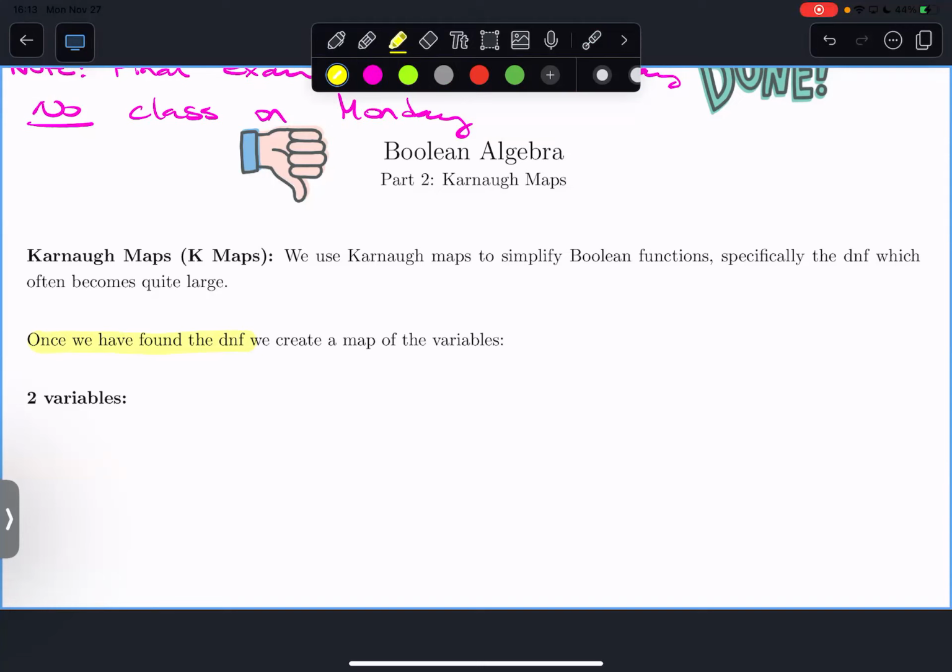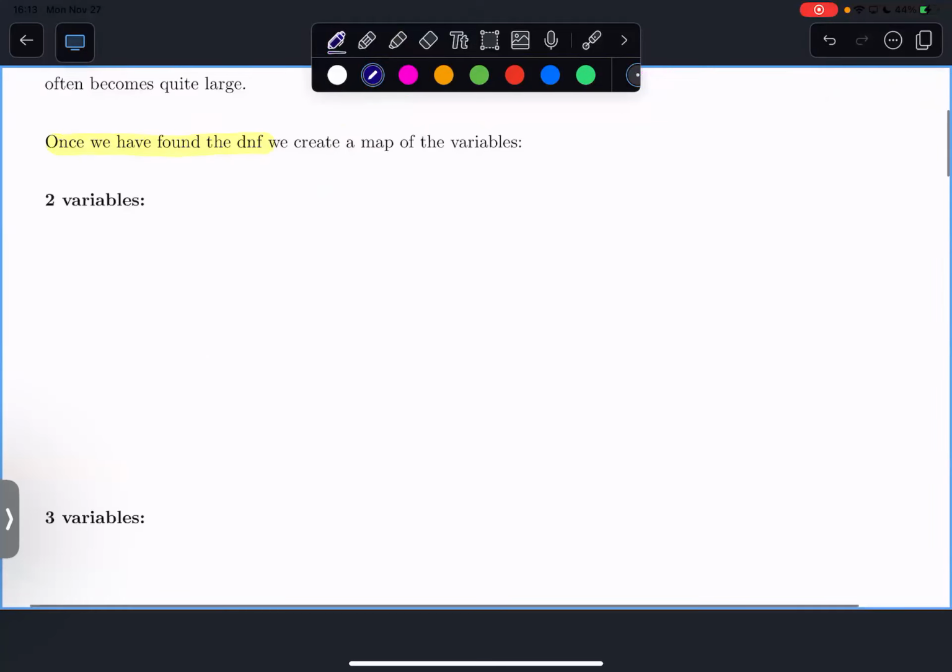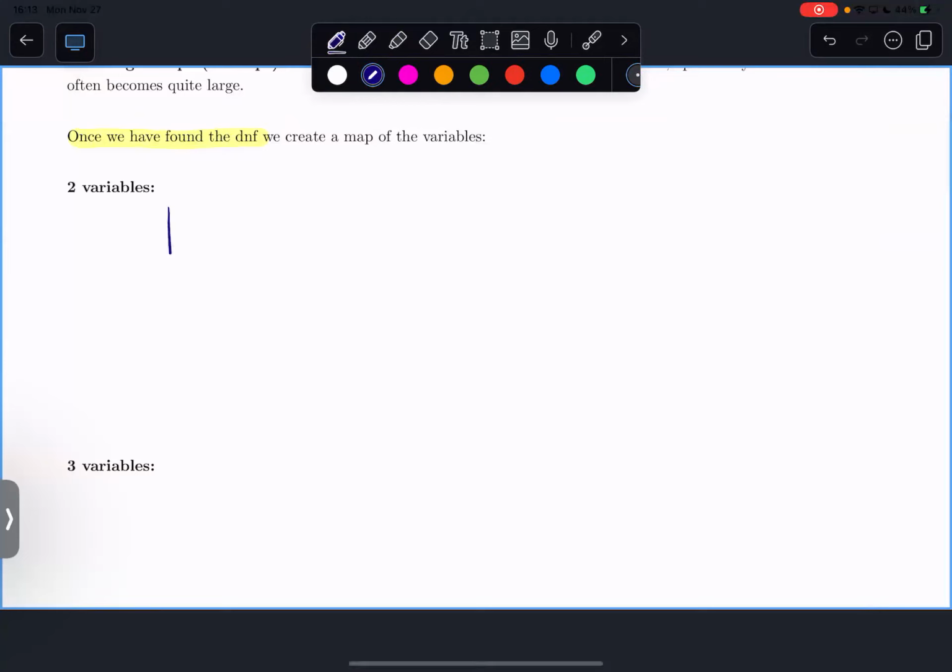If we only have two variables, let's say X and Y, then it would look something like this. On the vertical axis, I'm going to have my X values. The possible values for X are 0 and 1.